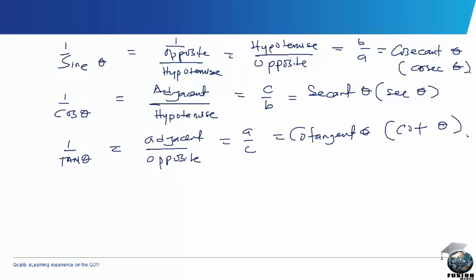Alright, so having these ratios, you can determine any relationship between the sides of a triangle.